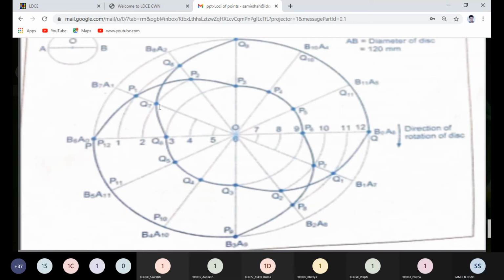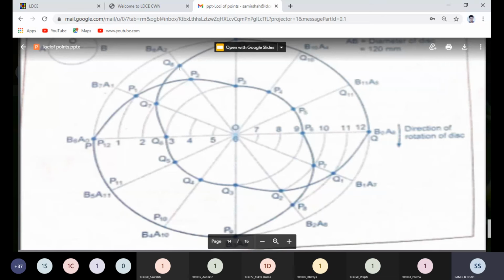Now we talk about the remaining 3 points, that is P8 and P9. After 10 we have to increase 1 centimeter or 10 mm. We are getting P8. Then we get this point P9. Here we have to raise 1 centimeter, from 2 it will come to 1.